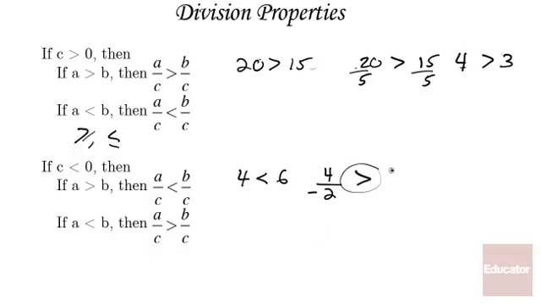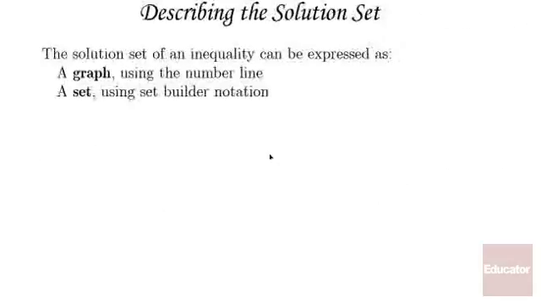And then I'm going to get -2 is greater than -3, and that is valid. If I hadn't reversed it, I would have gotten something that is not valid or does not have the same solution set as the original. So you need to be very careful as soon as you multiply or divide by a negative number when working with inequalities that you reverse the inequality symbol.